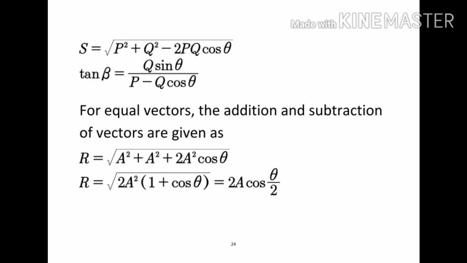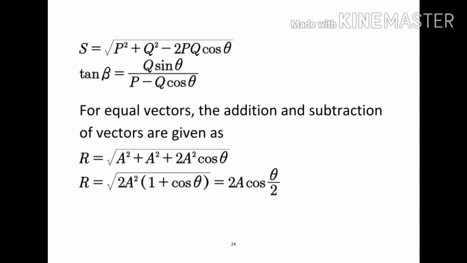And if we take the first and second vectors as equal vectors, but the directions are different, then we can find the addition and subtraction of vectors. To find the addition of vectors in a simple way, we are using R is equal to root of A square plus A square plus 2A square cos theta.